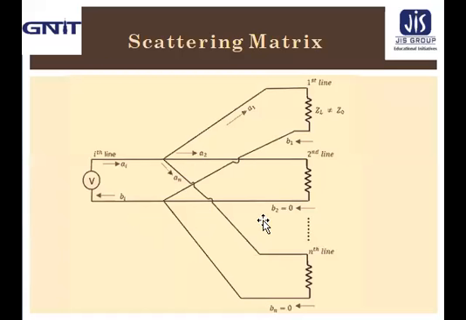Now if we consider this figure, here the source is connected through the ith line, while A1 is the incident wave and B1 is the reflected wave.